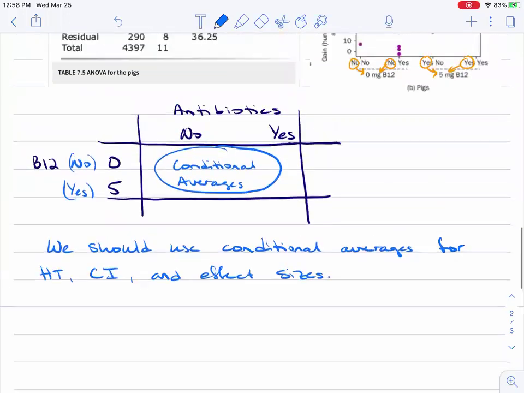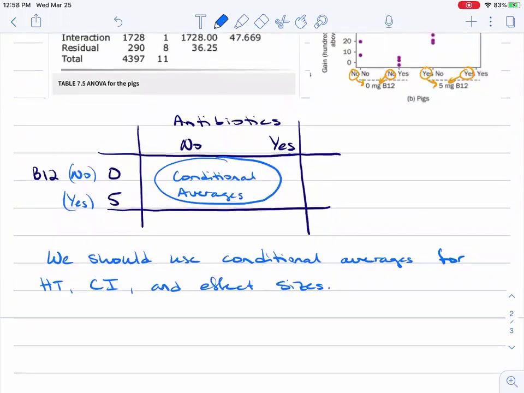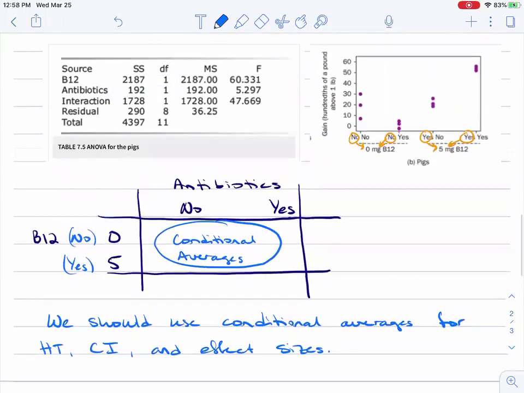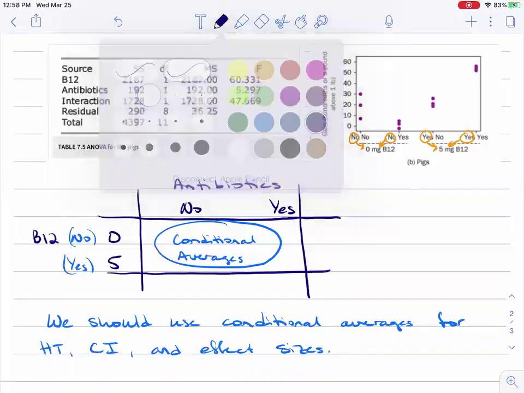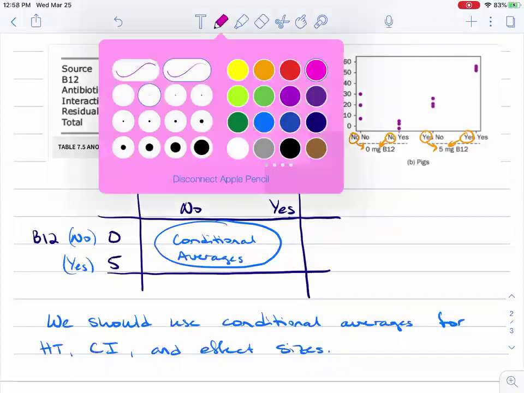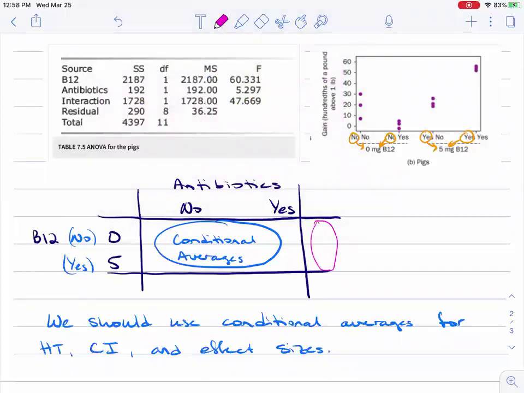right? Because if I tell you that there's an interaction between whether they get B12 and whether they're on antibiotics or not, and I want to know what the weight gain is for these pigs, then you wouldn't tell me just about how they would increase in weight with just B12 and just antibiotics, right?